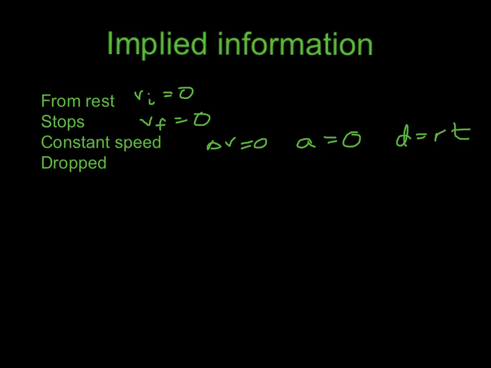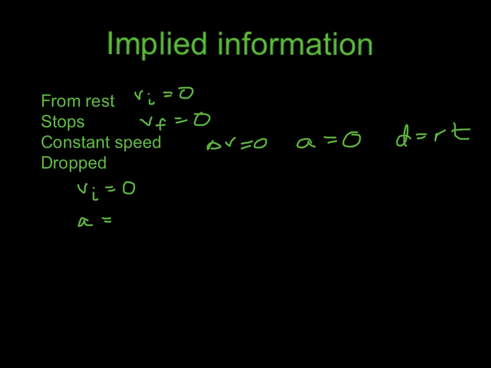And then if something's dropped, when it first leaves your hand and you drop it, its initial velocity is 0. Now, there's another piece of information. Its acceleration, gravity is going to pull it down and it's going to speed up every time it falls. We're going to talk more about free fall and throwing things up and down in a later video.